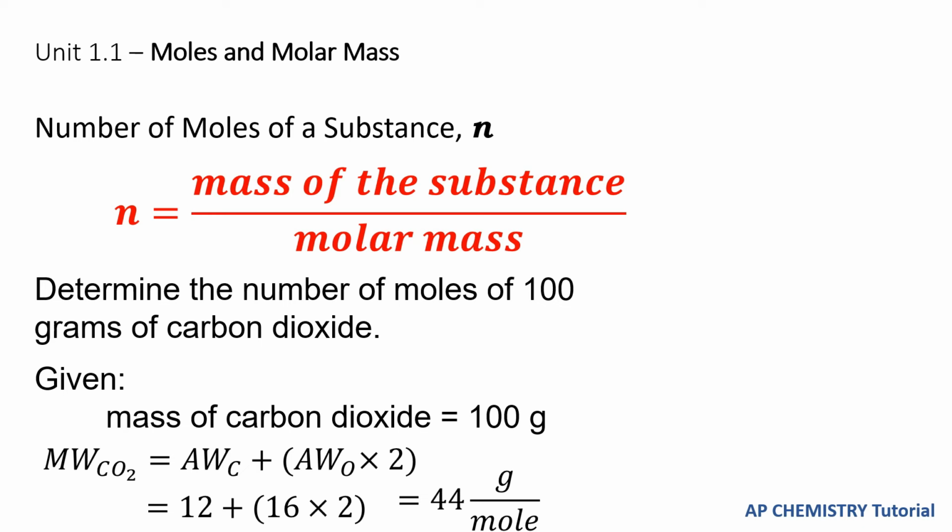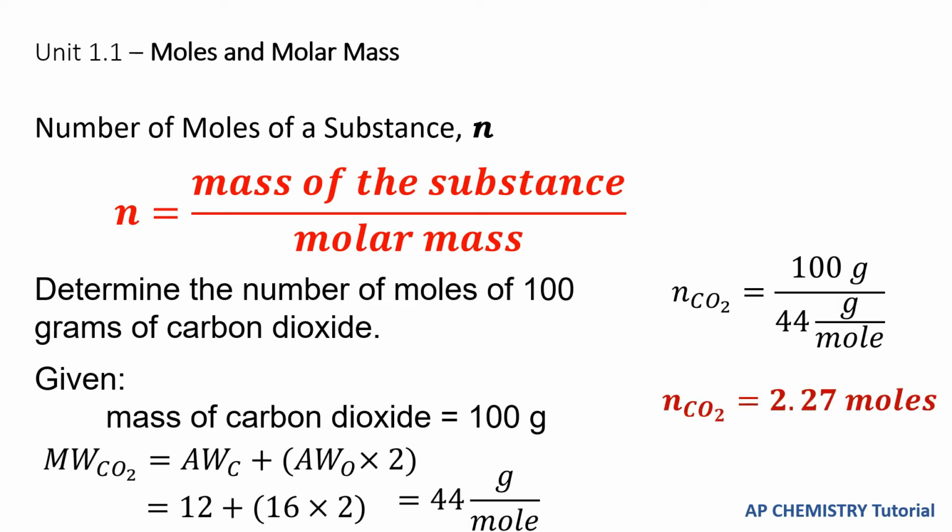That will be the molar mass of our substance. So using the formula for the number of moles, you have now 100 grams divided by 44 grams per mole. It will give us 2.27 moles. So this is the number of moles present for 100 grams of carbon dioxide.